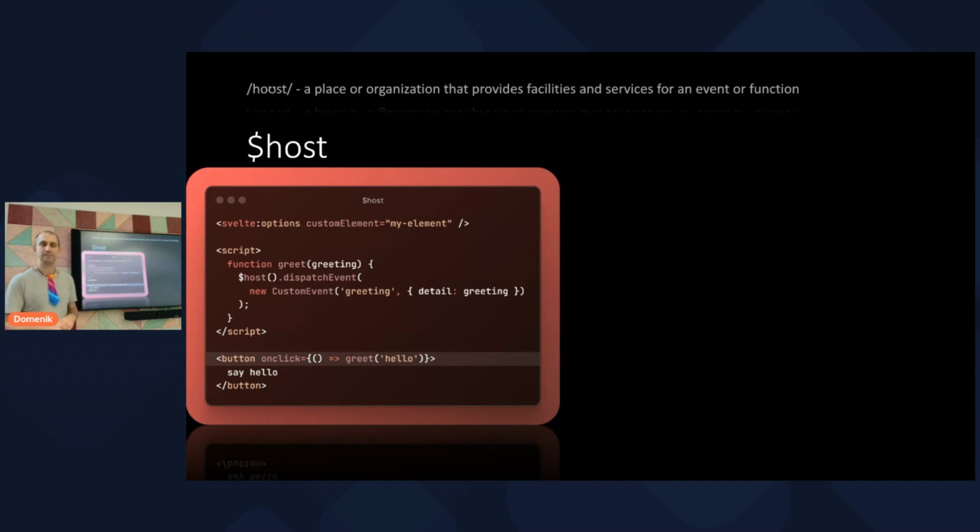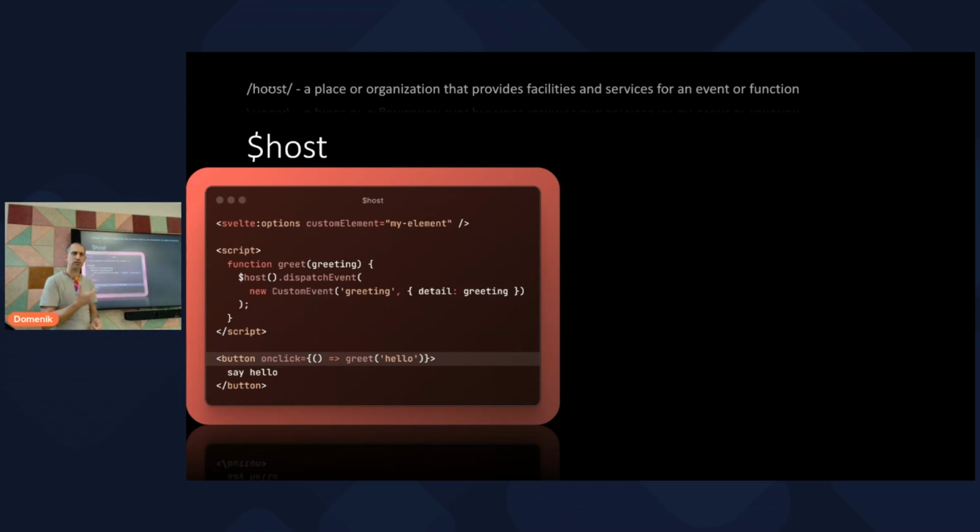Because before runes, Svelte had its own way to dispatch events. It is documented, and I used it multiple times. But this is just for custom elements. Yeah, this is just on the $host rune, and you get the custom element functionality on the $host rune, which would be in that case dispatchEvent.